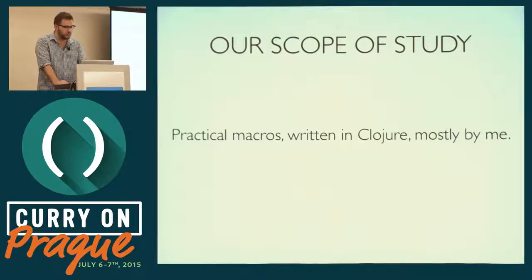Most of these macros are ones that I've written, because when we're talking about macros, it's not a question of what is possible, because anything's possible. We can make any piece of code mean anything that we want to. The question is what is in good taste. That is mired in the problem that we were trying to solve, and I can speak most authoritatively on the problems that I was trying to solve.